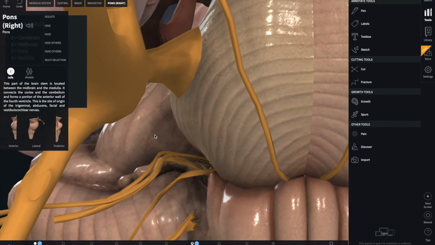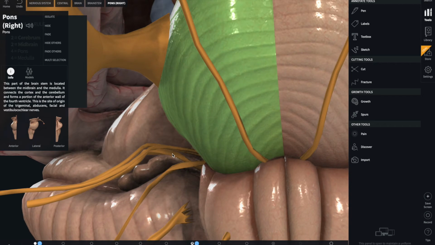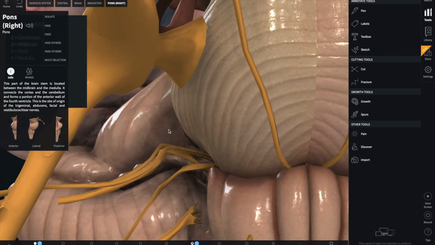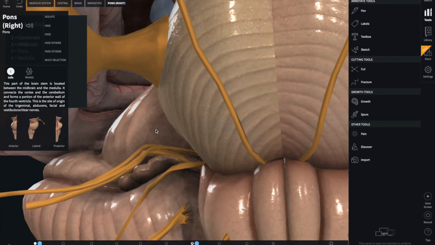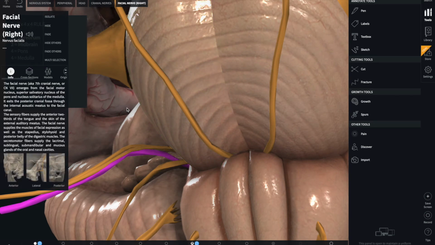So we can see how these 1 and 2 run together, and then there's this lone one here, 3, and then another lone one here, 4, and we can see how this one here stems from the medulla, so it mustn't be that one, so it must be this one because that's stemming from the pons. It's hard to see, but bear with me. Okay, so that one there must be our facial nerve. Okay, so that is our facial nerve, cranial nerve number 7.